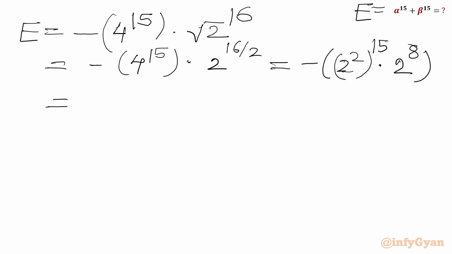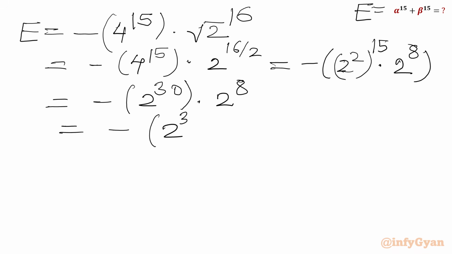So I will write minus of 2 power 30 times 2 power 8. So we will write our final answer: minus of 2 power 30 plus 8 will be equal to minus of 2 power 38. This is our final answer.